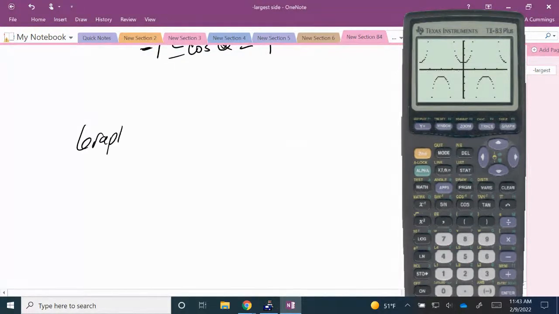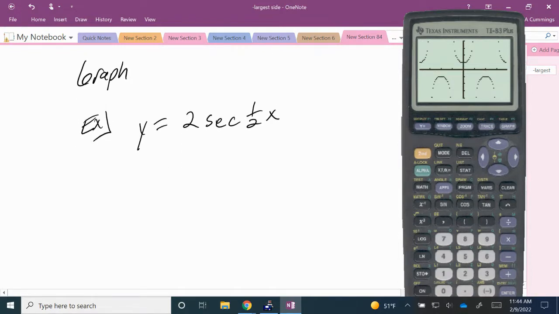All right, so we're asked to graph y is equal to 2 times the secant of 1/2 x. So we're going to put this in the calculator. We have 2. I'm going to rewrite the secant of 1/2 x as 1 divided by the cosine of 1/2 x.